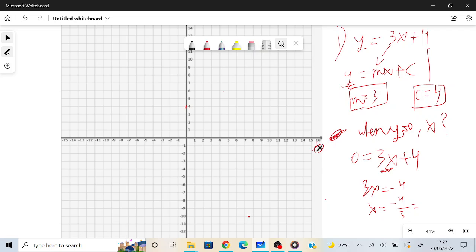So you could just leave it as a fraction. So now you know that your x coordinate, where the line will intercept the x-axis, is minus 4 over 3, and minus 4 over 3 is just a bit greater than 1 but slightly less than 2. So it will be somewhere here.